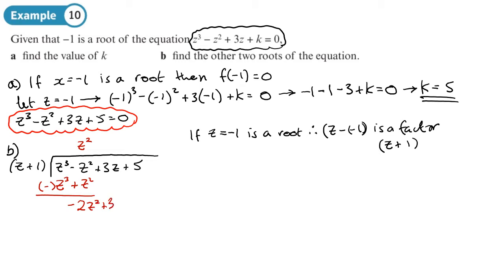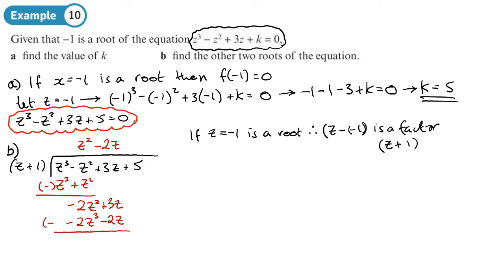Bring down the 3z. Now we say how many times does z go into negative 2z squared, and that's going to be negative 2z. Then we multiply the factor by negative 2z, and that gives us negative 2z squared, and then times 1, negative 2z.